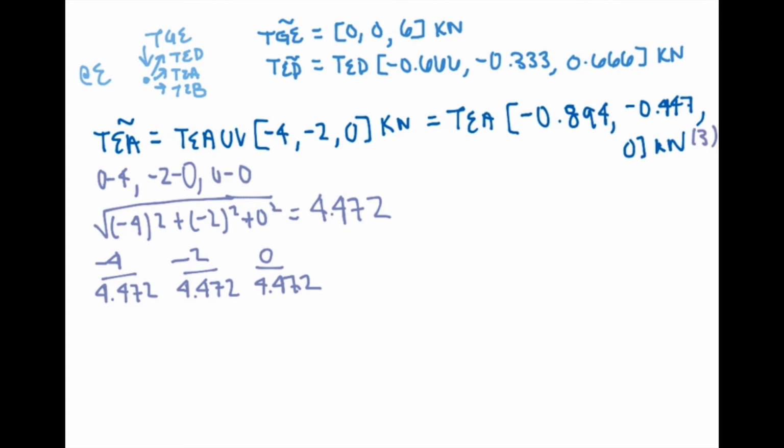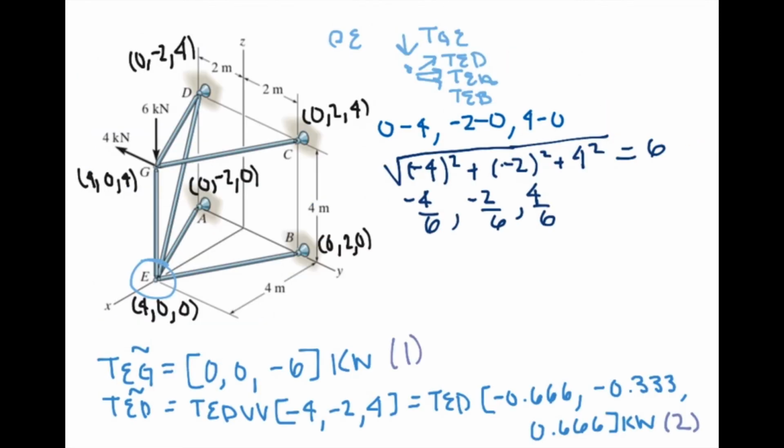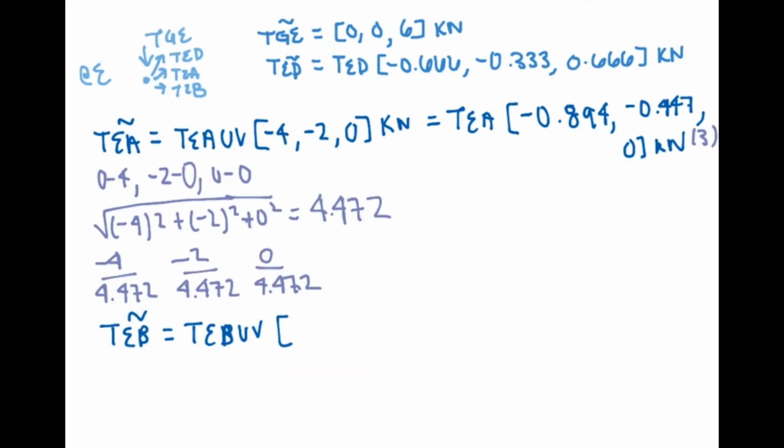Finally, TEB. And that's going to equal TEB unit vector. From the previous slide, we see that 0 minus 4, 2 minus 0, and 0 minus 0, which will put us at negative 4, positive 2, and 0 kilonewtons.